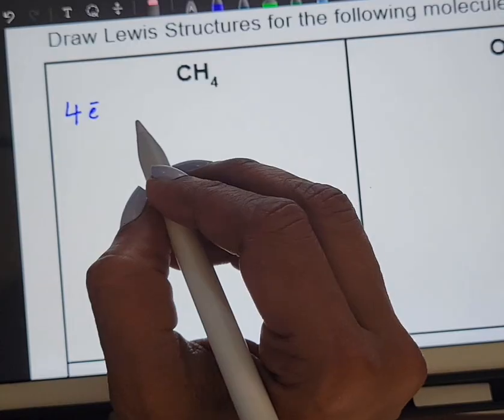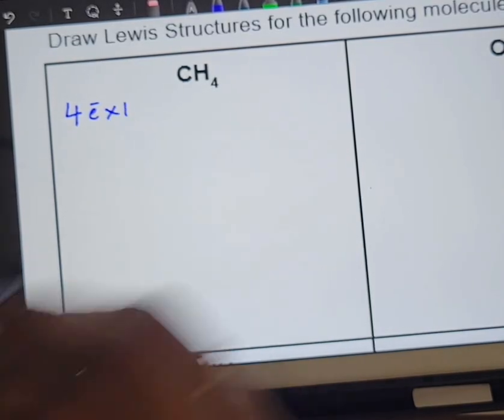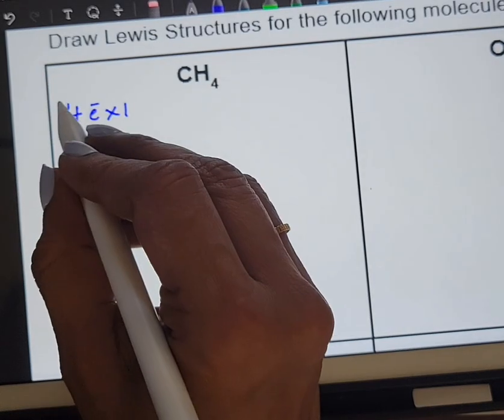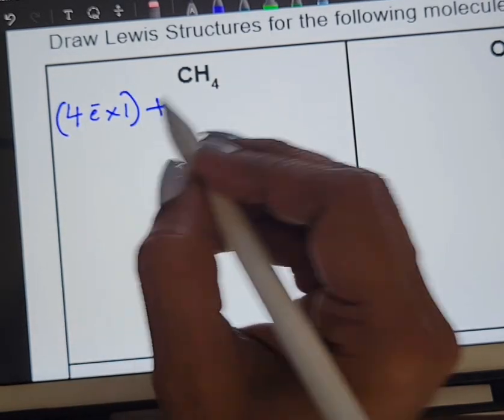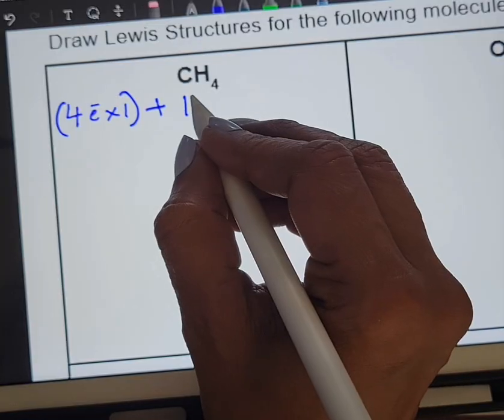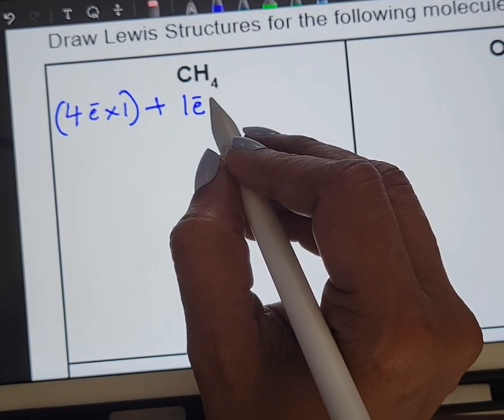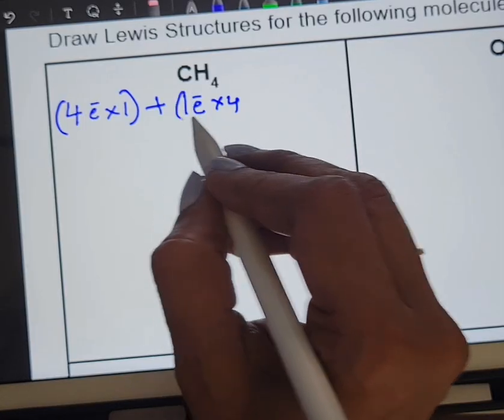Okay. And how many carbons here? There is only 1, so you will multiply with 1. Plus there is one more atom, which is hydrogen. Hydrogen has only 1 valence electron. And how many hydrogens do you have here? 4. So multiply with the 4.